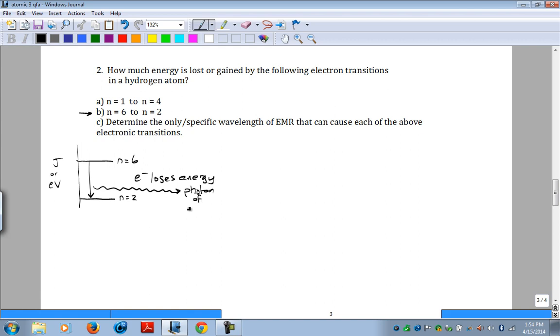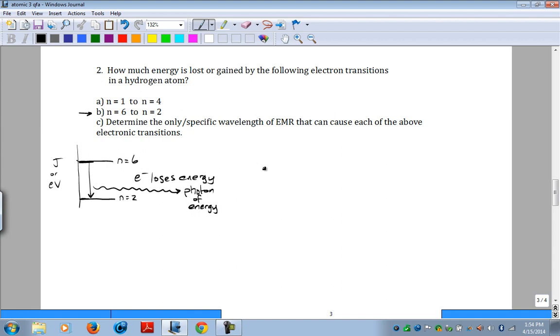And that energy is exactly equal to the magnitude of the energy loss. But energy loss, you're going to see, is of course a negative number. This is a lower number, this is a higher number.